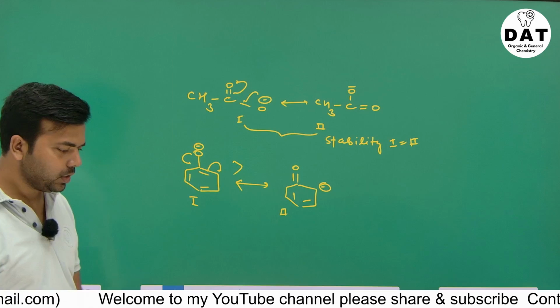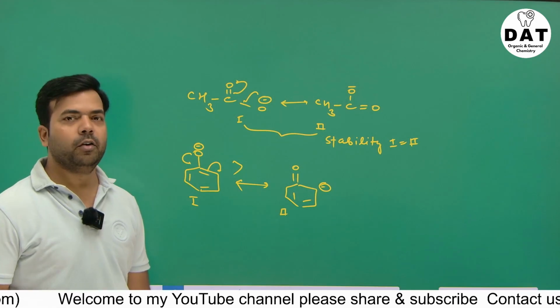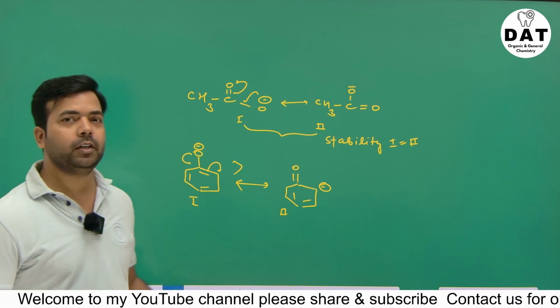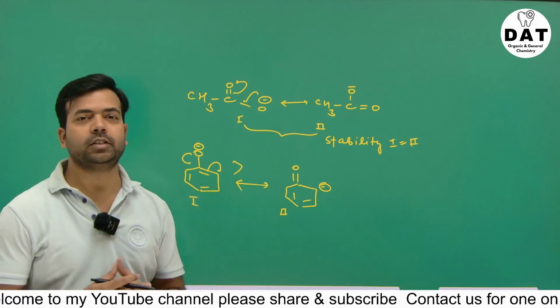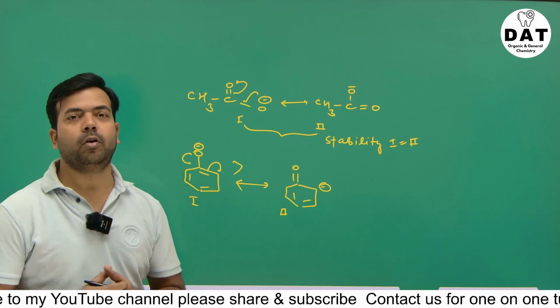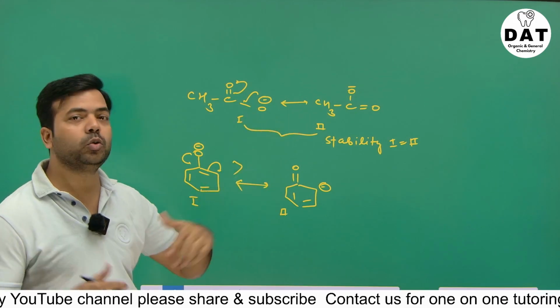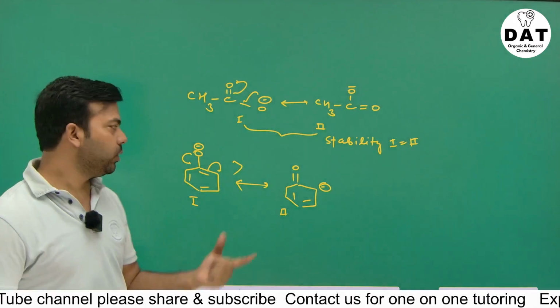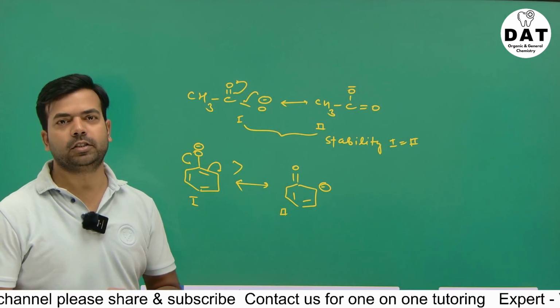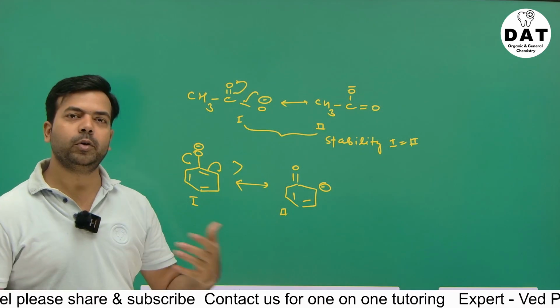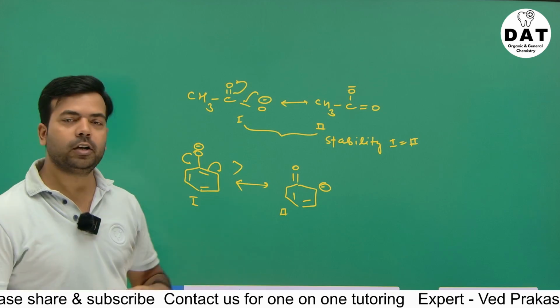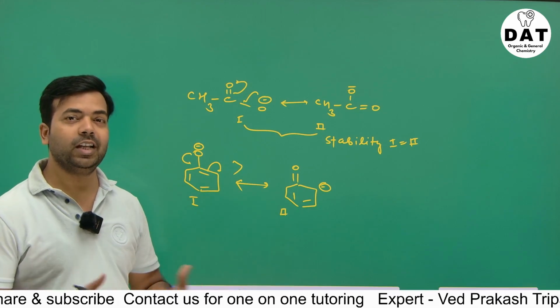So basically what is the key point here? Whenever you have a compound, if it is going to form an identical resonance structure, then that is the more stable form, because it will contribute equally to the resonance hybrid. But once you have a non-identical resonance structure, it is not going to contribute equally. One is going to contribute more in the hybrid and one less.